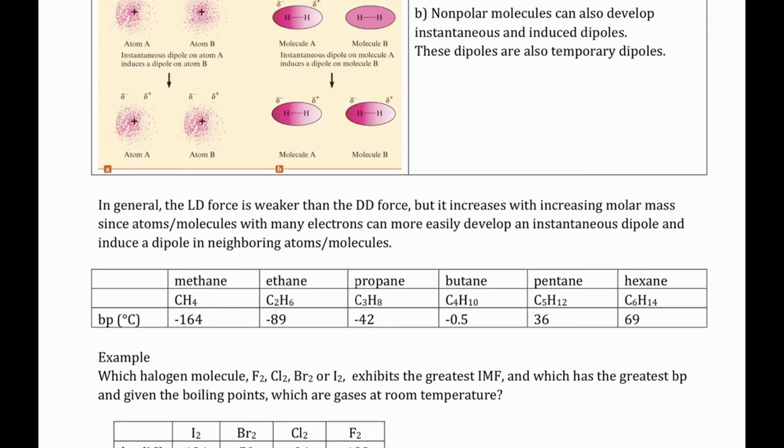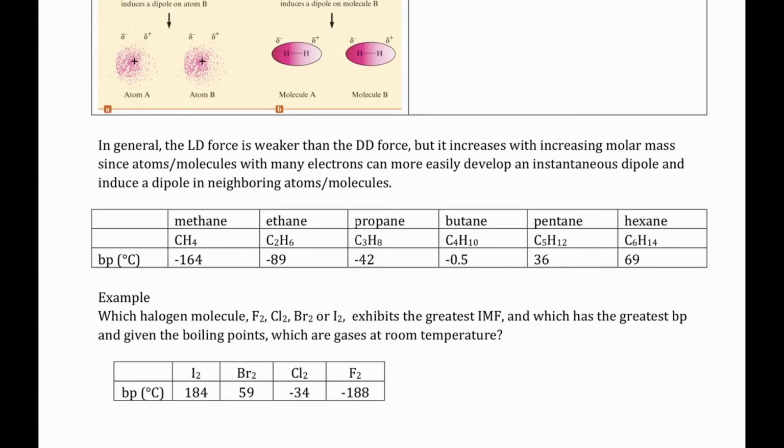In general, the London dispersion force is weaker than the dipole-dipole force, but it increases with increasing molar mass, since atoms or molecules with many electrons can more easily develop an instantaneous dipole and induce dipoles in neighboring atoms and molecules.